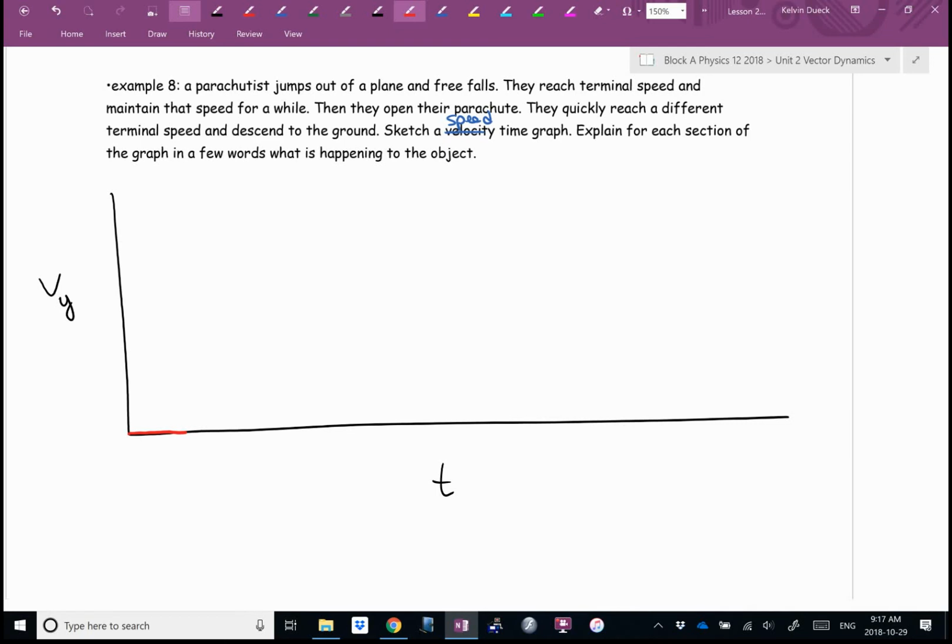I jump. What happens to my vertical speed? Increase, decrease, or stay the same? Increases. Okay, so my vertical speed maybe goes there. Now here's the question. Don't write this down. Does my vertical speed increase at a constant rate? When am I accelerating the most? Right when I jump, what's my air resistance? 0.